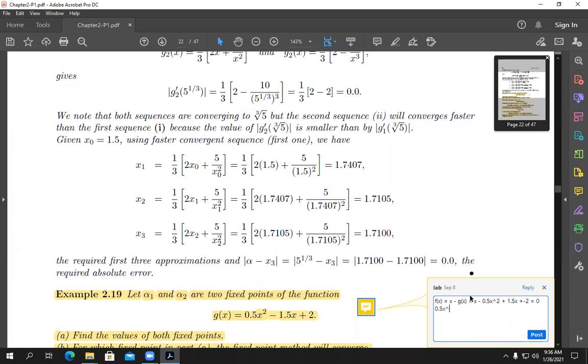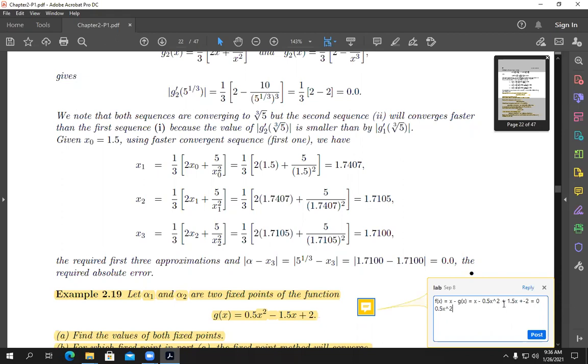So we can write here 0.5 x square. It's always a good idea that the highest power is positive here, right? So I take the whole equation to the other side, because the other side is 0.